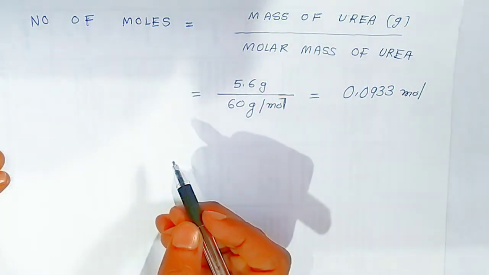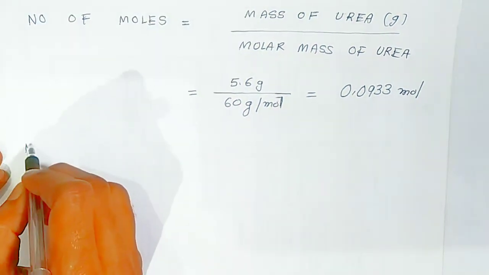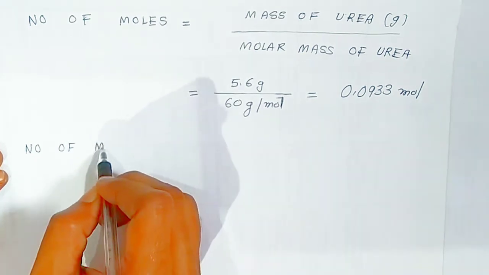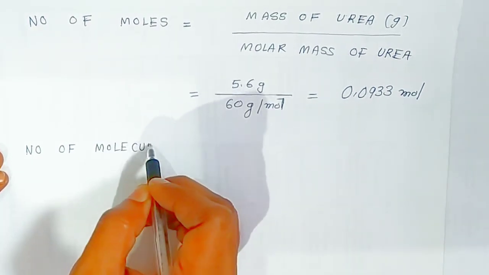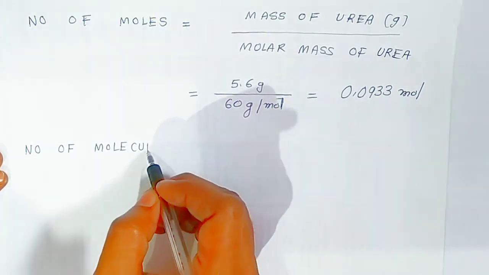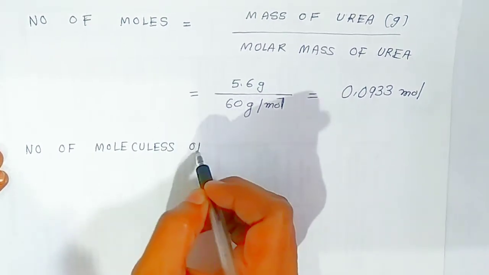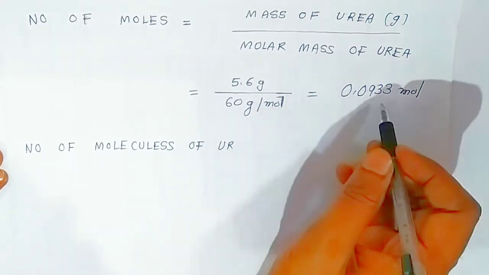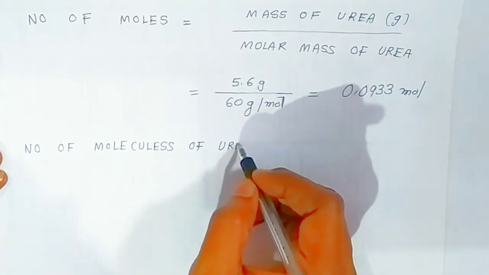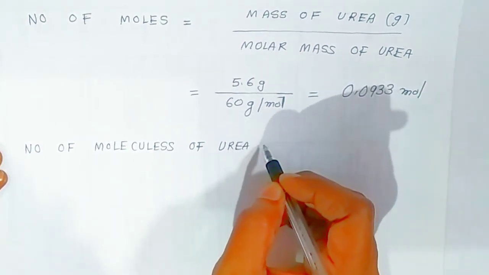Now, students, in the second question, you are going to find the number of molecules. How many urea molecules are present in urea? Number of molecules of urea, students.